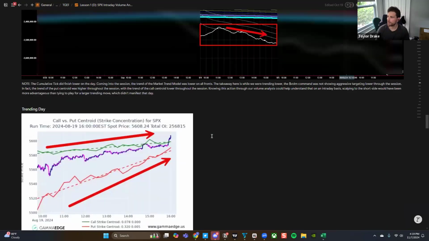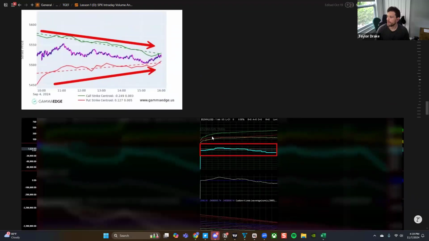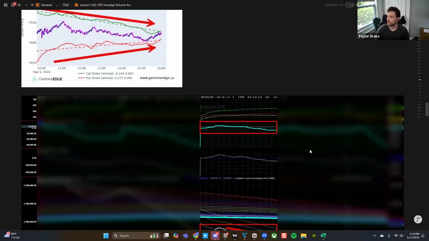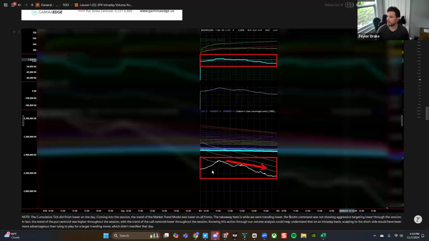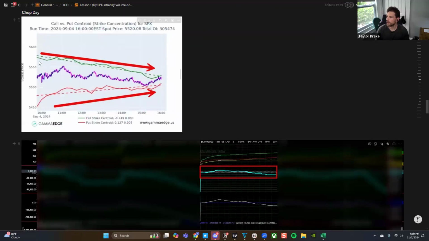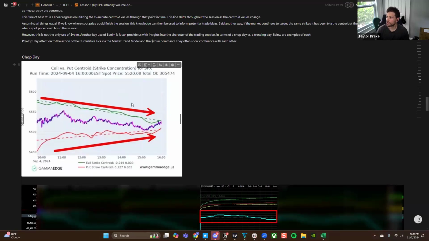What screen am I sharing? That's the right screen. So exactly here, the market trend model is moving lower. You saw the intraday move here. Well, it wasn't really an intraday reversal per se, because we just saw call speculation moving lower throughout this session.